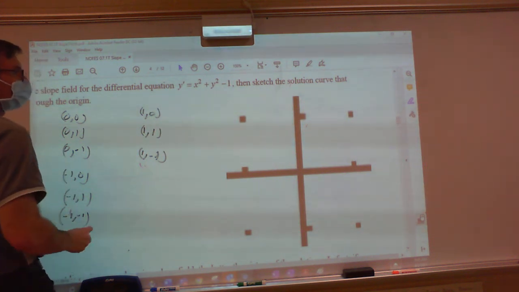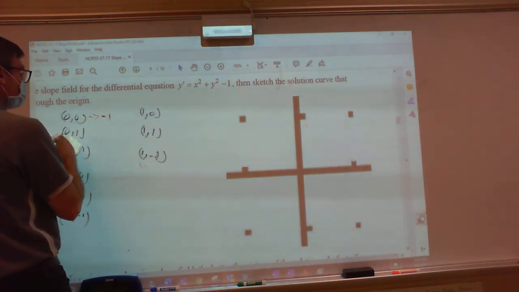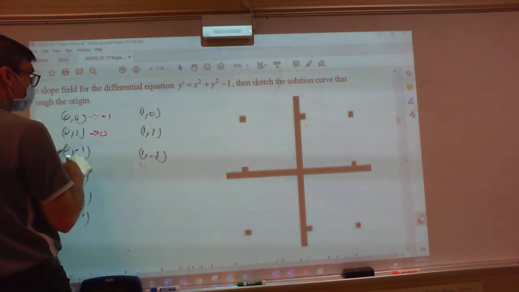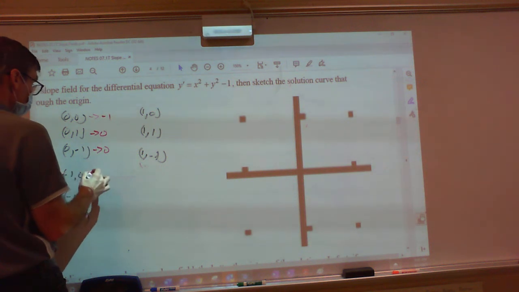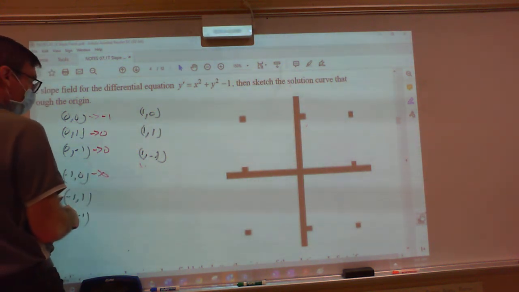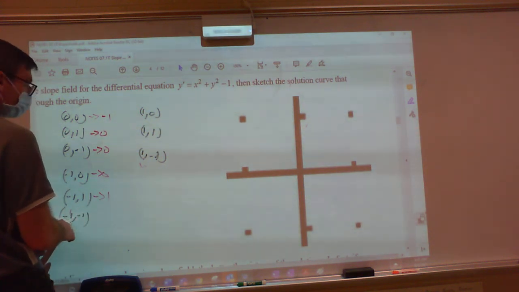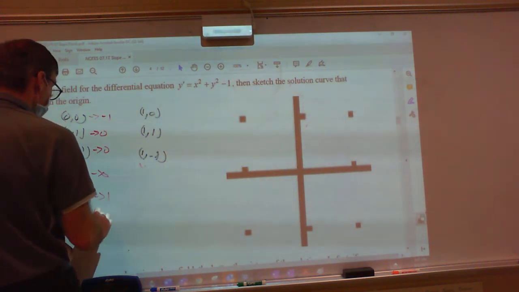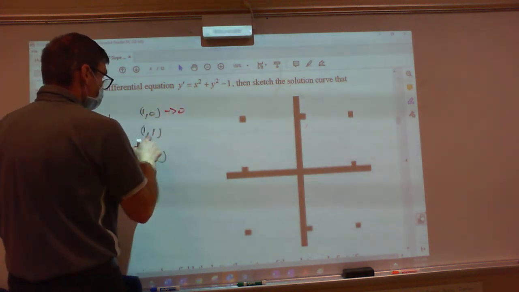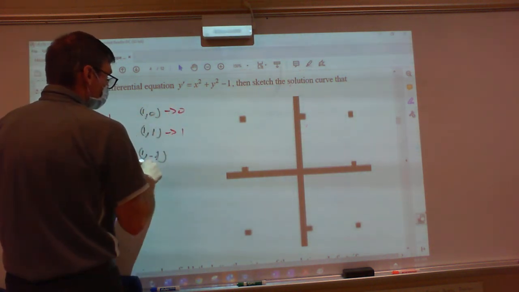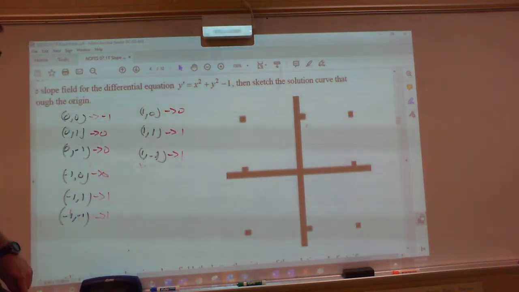And I'm going to plug them in. The first gives me -1. When I plug this in, I get a 0. Plug this in, I get a 0. Plug this in, I get a 0. Let's see, I think I get a 1. I get a 1. I get a 0. I get a 1. And I get a 1. Oh, yay, right?